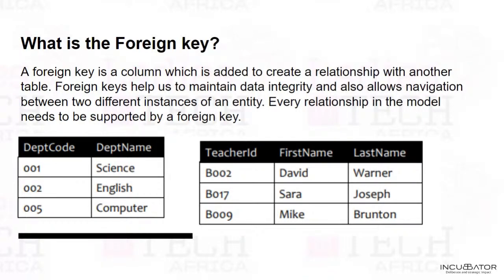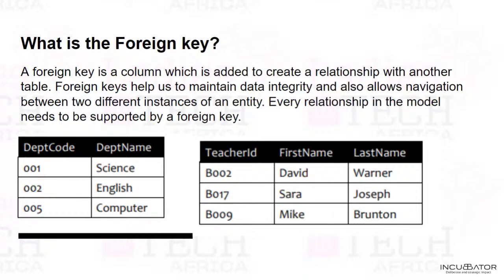On that course table, 001, 002, 003 is the primary key. If you call 001, that shows that you are calling science. If you call 002, you are calling English. If you call 005, you are calling computer.